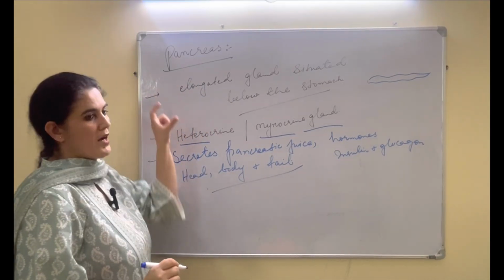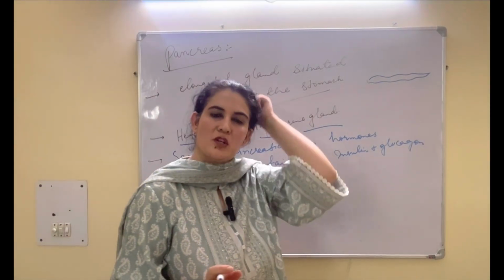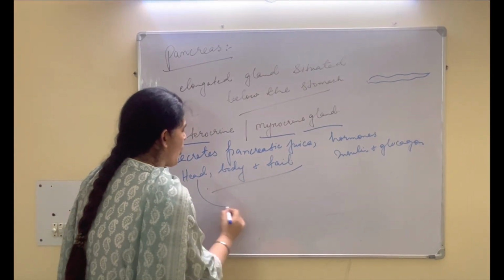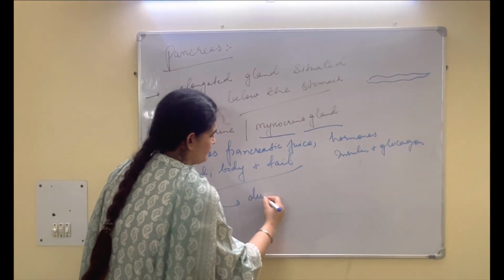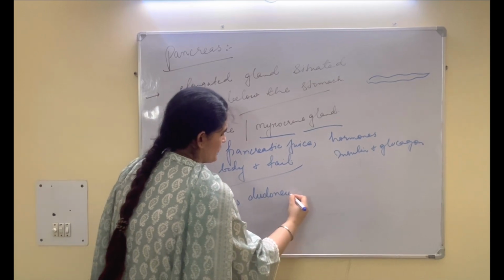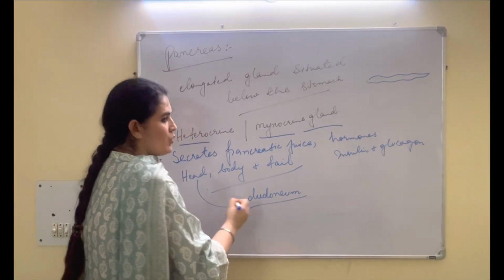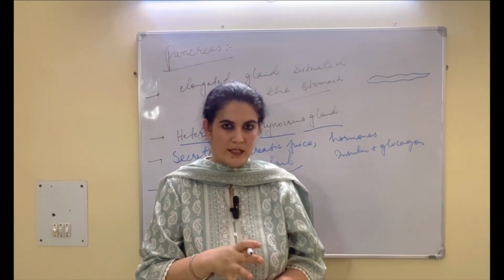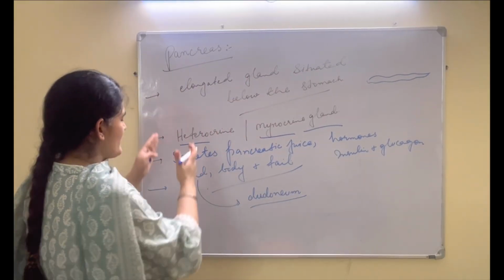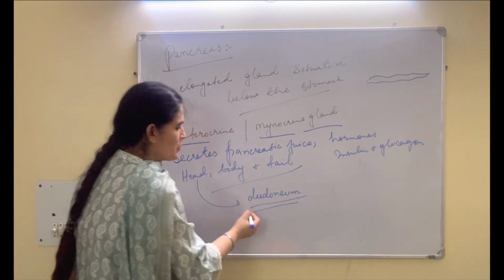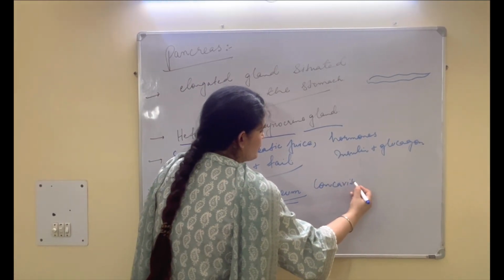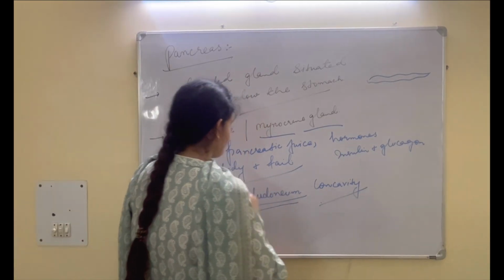The head of the pancreas is fitted into the concavity of the duodenum. We had discussed that the duodenum is part of the small intestine. So here the pancreas head is fitted into the C-shaped concavity of the duodenum.